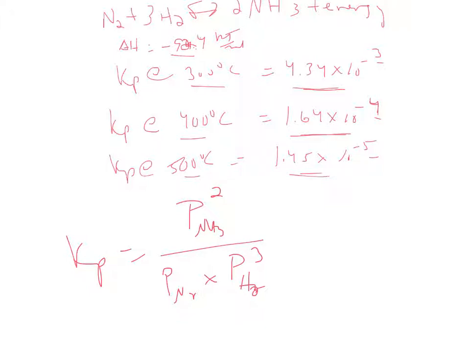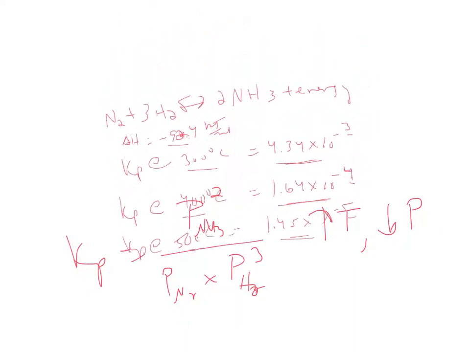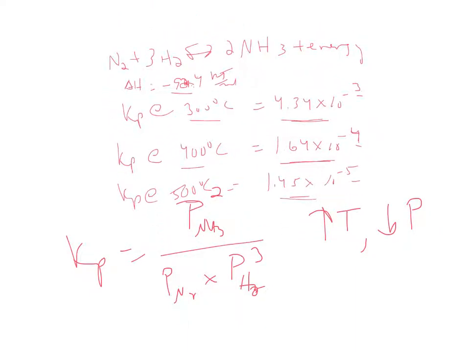So that means that by increasing temperature, I am decreasing the amounts of products that I'm going to see at equilibrium. So when we look at the stress of increasing or decreasing temperature, depending on whether the system is endothermic or exothermic, we're going to notice that changing temperature will affect the reaction in a different way.